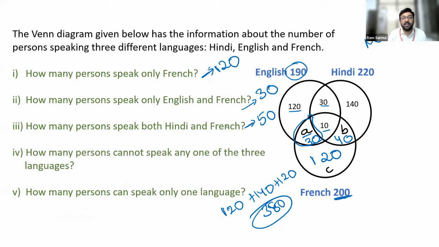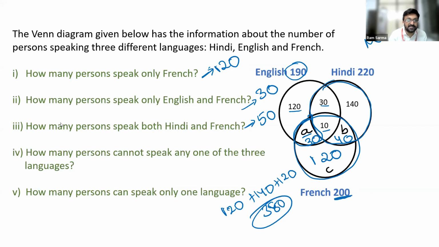Yes. Listen to me carefully now. How many persons speak Hindi and French? See, Hindi is represented by this circle. French is represented by this circle. We need to find the common area for these two circles.